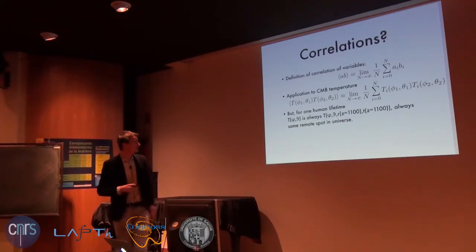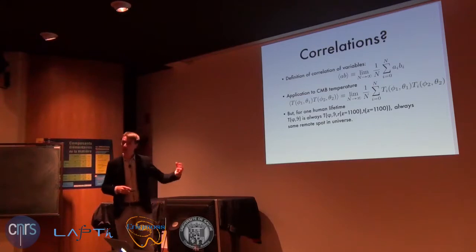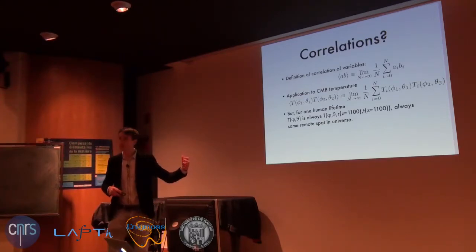But for one human lifetime, the temperature in one spot on the cosmic microwave background is the temperature at a redshift of 1100. So it's a temperature in a direction of 2 angles, and at a distance r that corresponds to z of 1100, and a time t that corresponds to z of 1100, because it's on the light cone. It will always be the same remote spot in the universe that you're looking at.